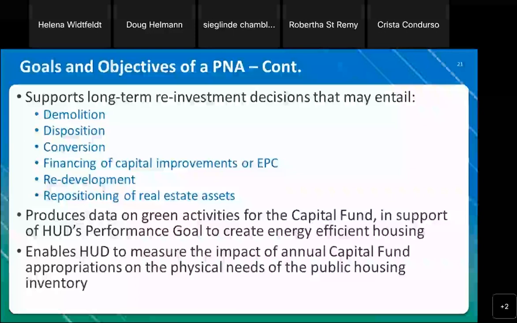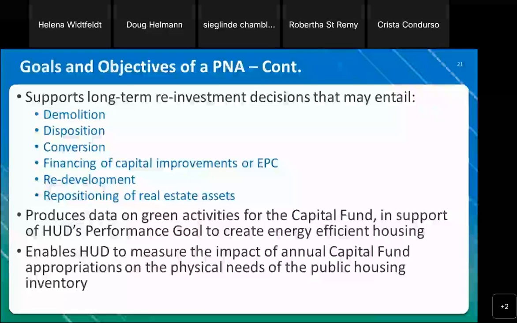Any redevelopment activity that you may consider, public housing to a Section 18 blend or so, it can help you in developing the strategies. And of course, repositioning of real estate assets in general, maybe considering another community and an add-on expansion. So take a look at those pieces, evaluate, and see it as an objective for why it is good to have a physical needs assessment. It's not wasted.